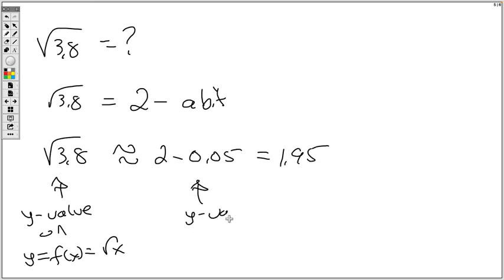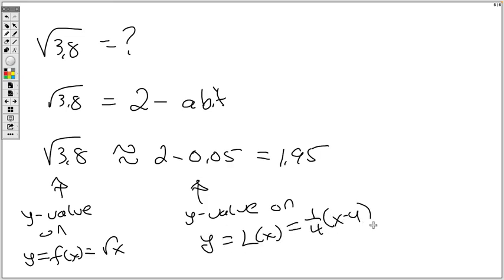And this is the y value on y equals L of x equals this. Okay? You follow the big picture of what's happening here? I'm taking a curve. I'm approximating that curve with a line so I can approximate y values on the curve with y values on the line. Are we all cool with that?